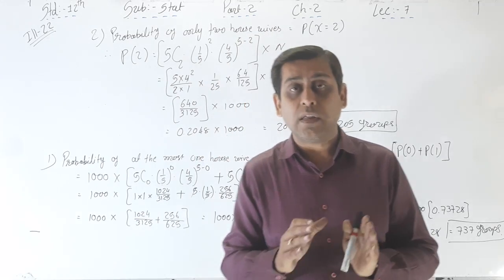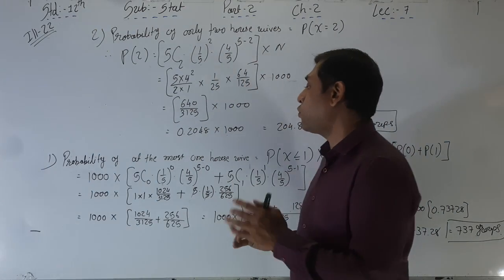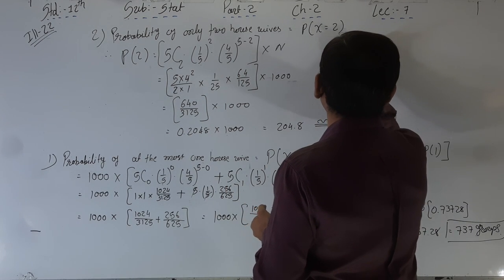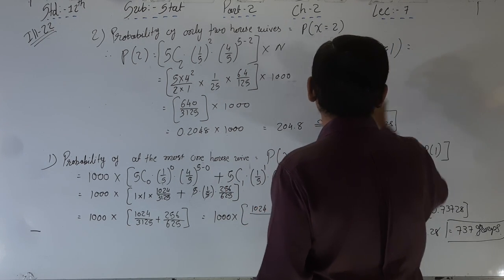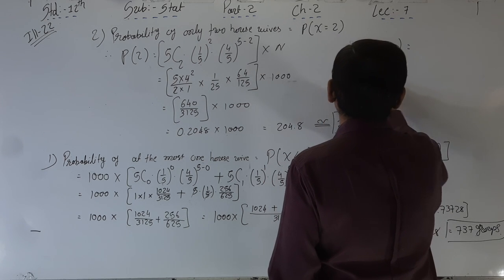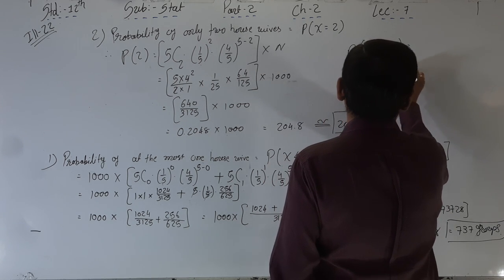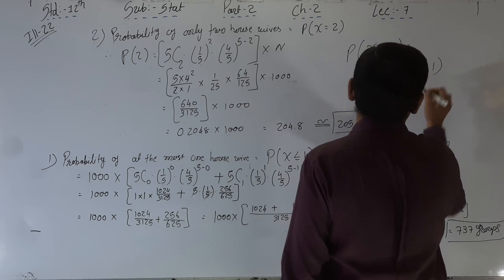See, it's a very long sum. So here we have to take P of x greater than or equal to 1 is equal to 1 minus P of x less than 1.